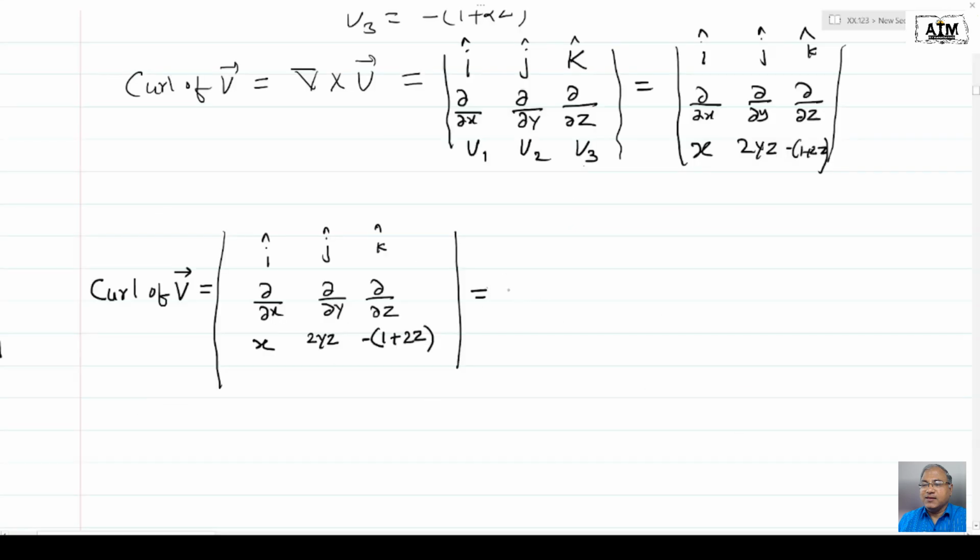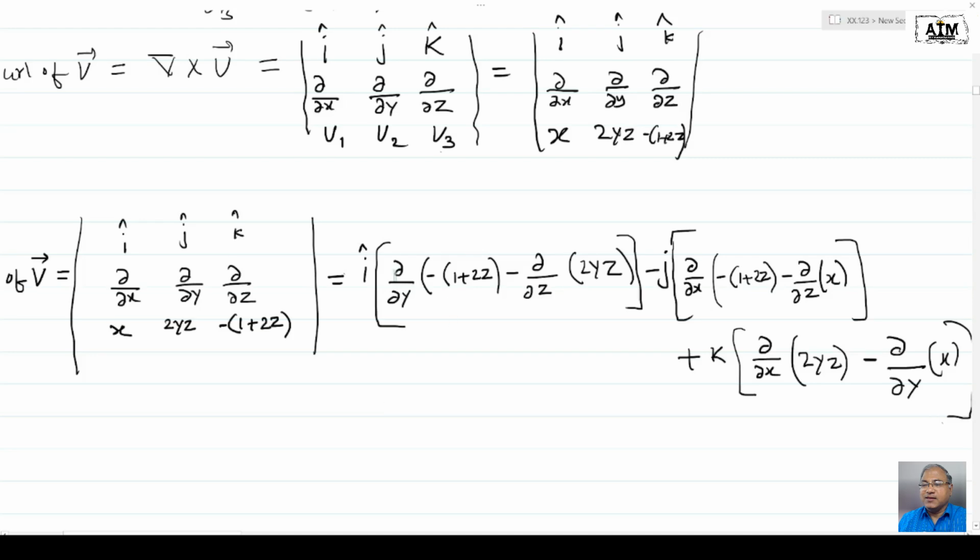Now expanding the determinant, we get, for i, del/del y of minus (1 plus 2z) minus del/del z of 2yz. Similarly for j and for k.